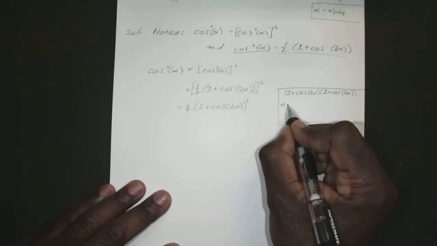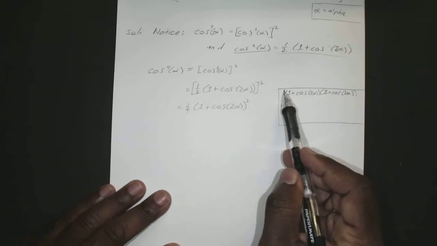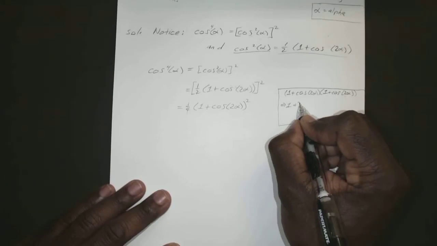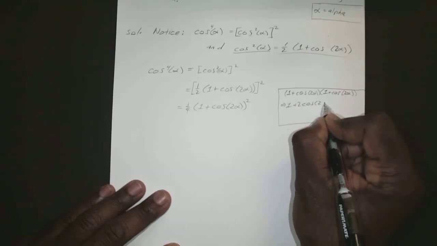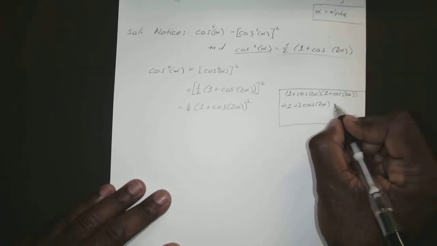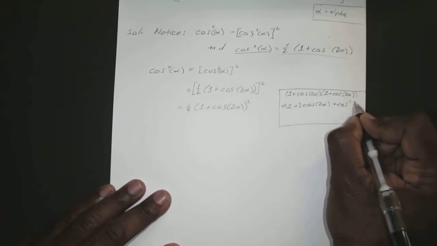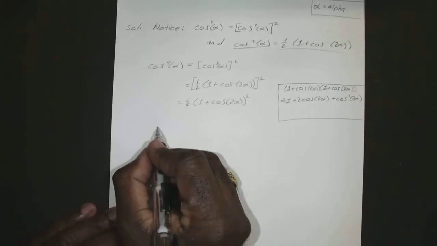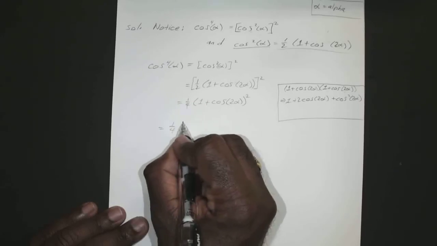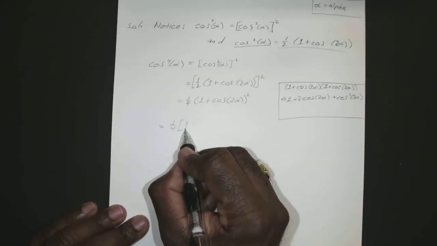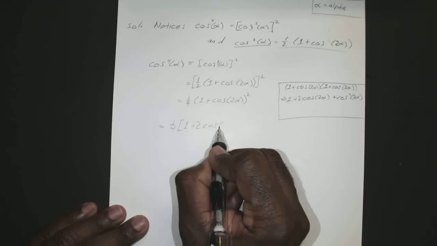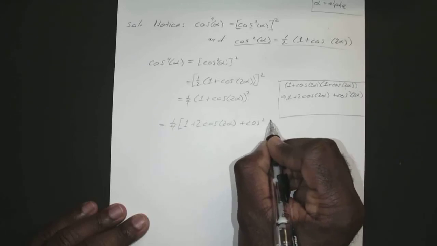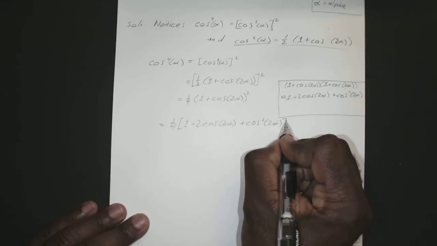Okay, so that gives us 1. Your outer is 1 cosine 2 alpha. Your inner is 1 cosine 2 alpha. So plus 2 cosine 2 alpha plus cosine squared of 2 alpha. Okay, so this becomes 1/4 times 1 plus 2 cosine of 2 alpha plus cosine squared of 2 alpha.